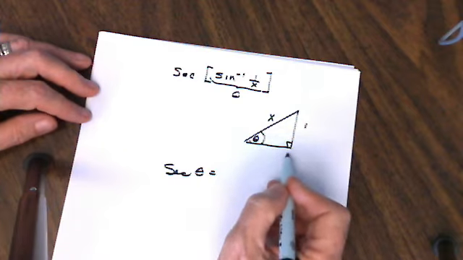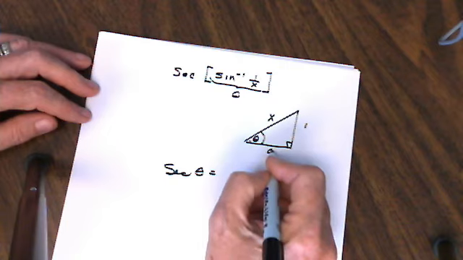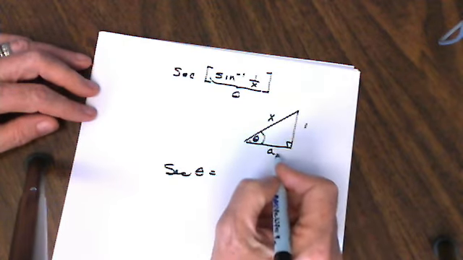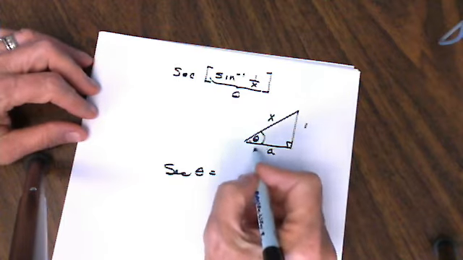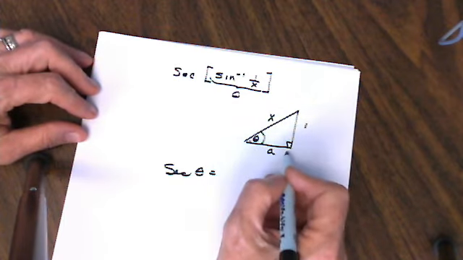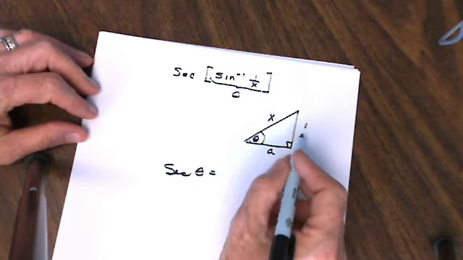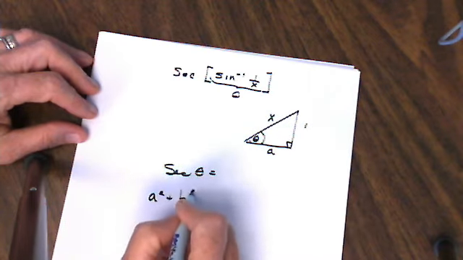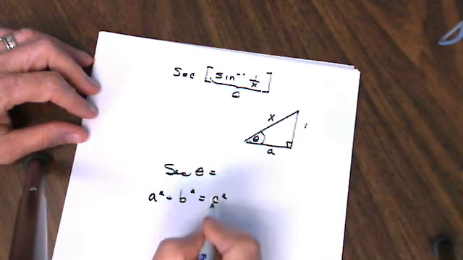But you can see we're missing the length of our adjacent side here. I'm going to call this side a, a for adjacent. And I'm going to be able to find the measure of this particular side of my right triangle using x's and 1's. Again, using the Pythagorean theorem, a squared plus b squared equals c squared.